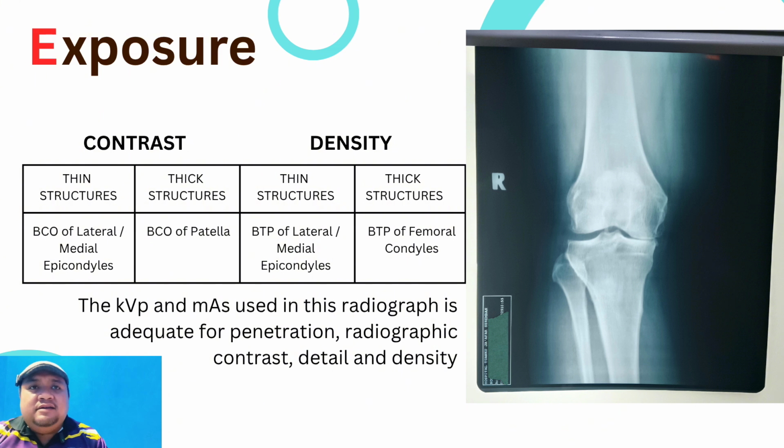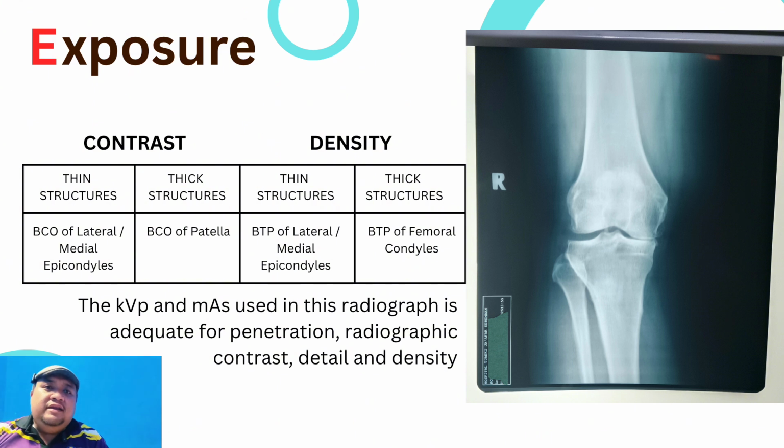For the thick structures, we can look at the bony cortical outline of the patella. We can still appreciate the outer border as well, indicating sufficient contrast even in dense areas. Now, let's look at the density, which refers to the blackness or overall brightness of the image.